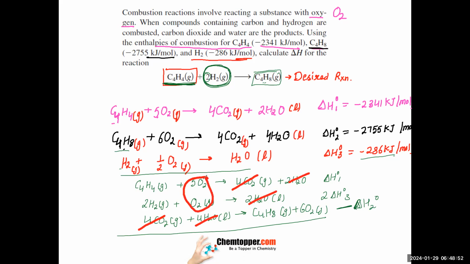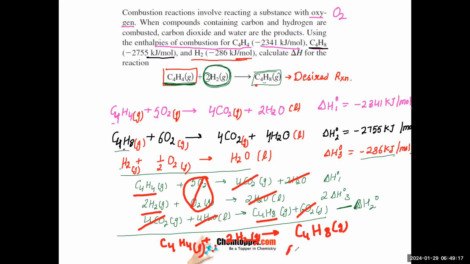See, this is 6O2. Now you're left with this C4H4, 2H2, giving you C4H8. That's the desired equation. So C4H4 reacting with 2H2, giving us C4H8. All of them are gases.